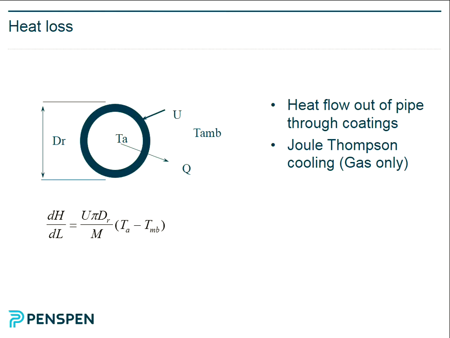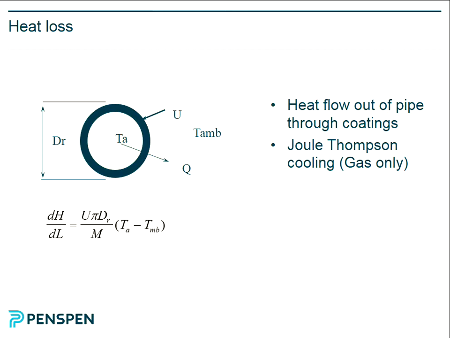So when you have a hot product from a well, normally it is pretty hot, typically, because it comes from deep in the earth, which is hot. You flow it through the pipeline. You lose heat, basically. You lose heat flowing out through the coatings. In fact, there's a simple equation: the change in internal energy, dH per unit length, dH by dL, is proportional to a property of the pipe called U, which is the overall heat transfer coefficient, multiplied by pi by a reference diameter, divided by the mass flow rate, multiplied by the difference in temperature.